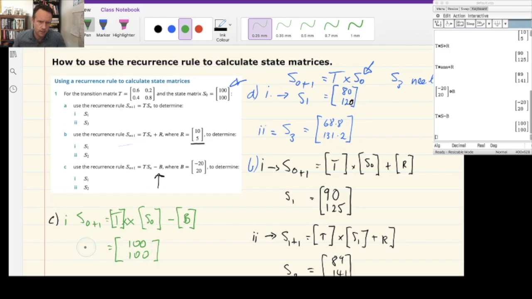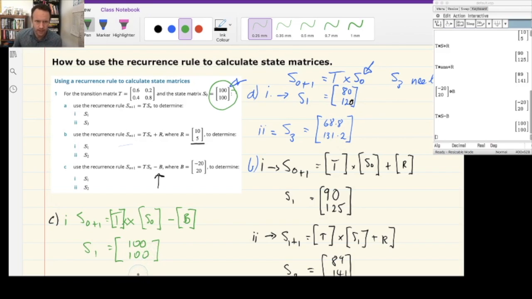So that's S1's value. Now I've got a prediction that S2 is going to be the same, because we can see that S0 is up here, and that started as 100 and 100. So whatever is happening here is simply taking away the extra portion that this transition matrix is adding to anything.